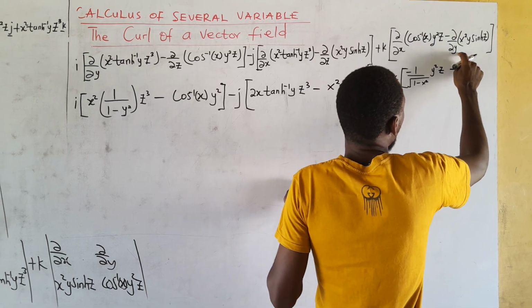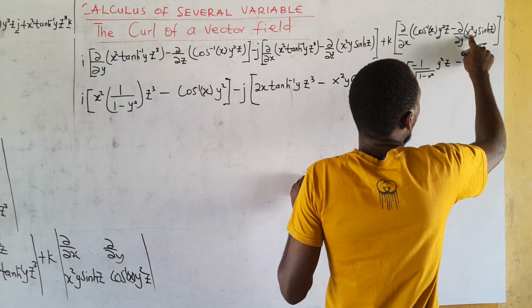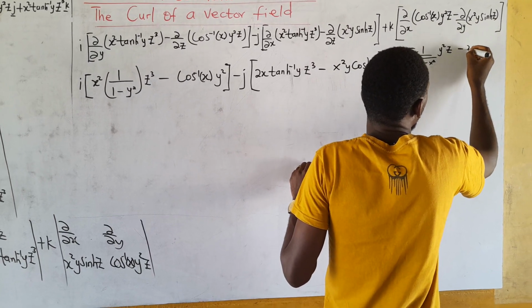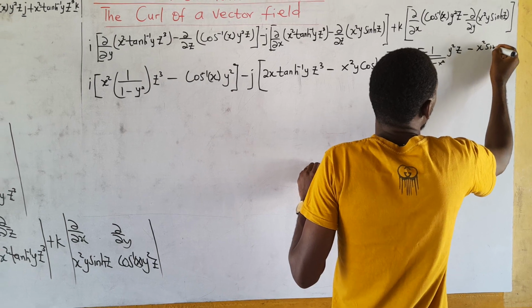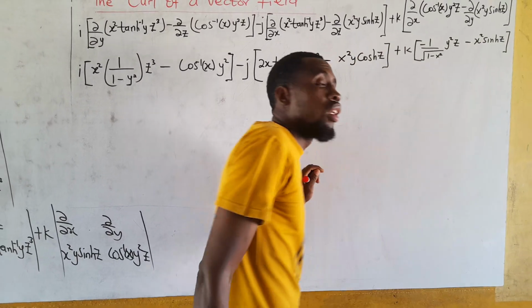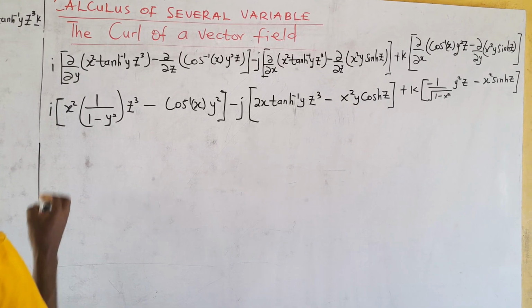We perform the partial differentiation of this function with respect to y. So x squared and sinh z will be held constant. When we differentiate that, it will just be the constant x squared sinh z. So try to polish this out.